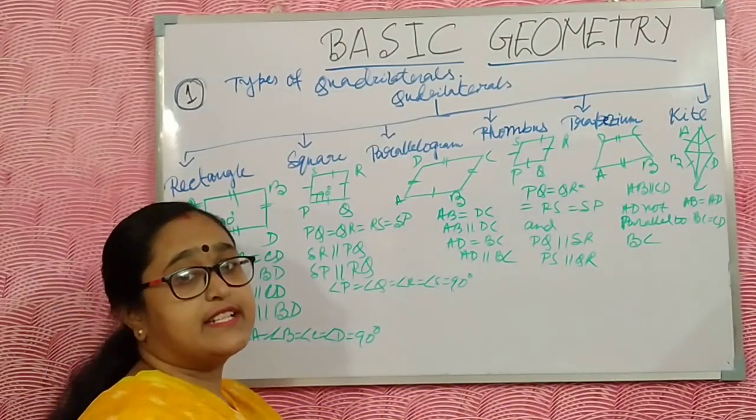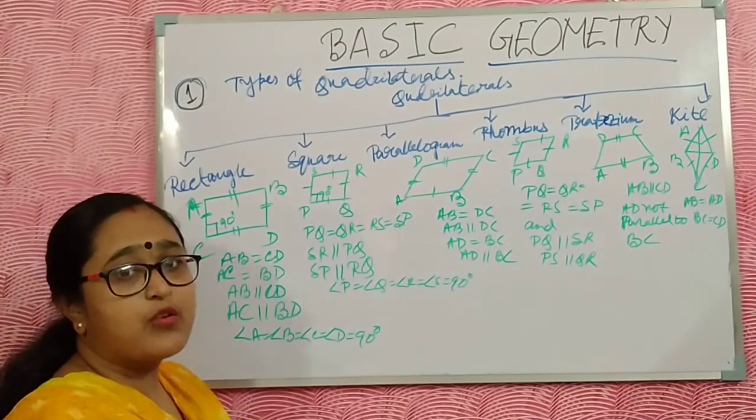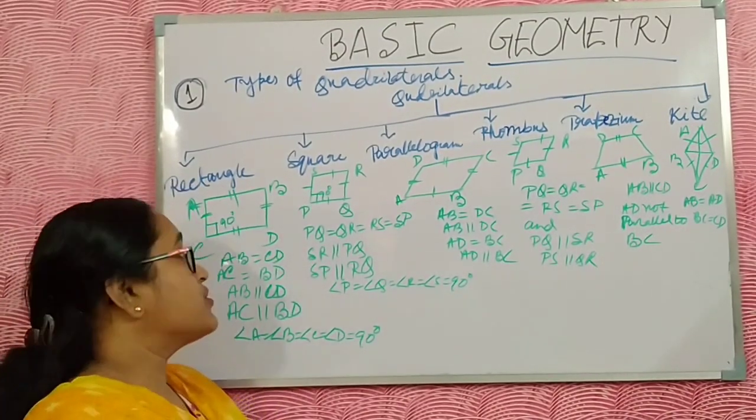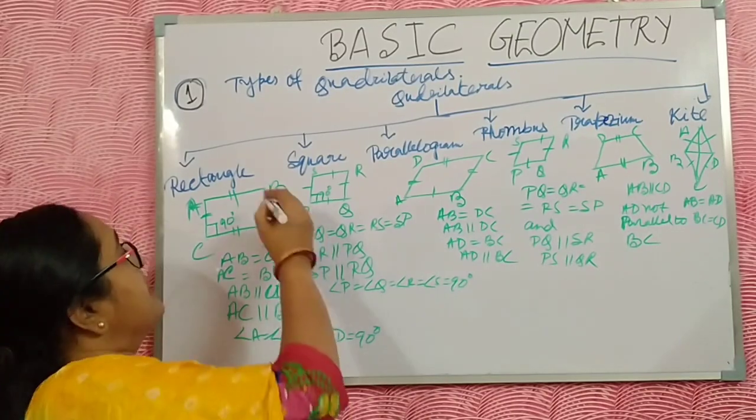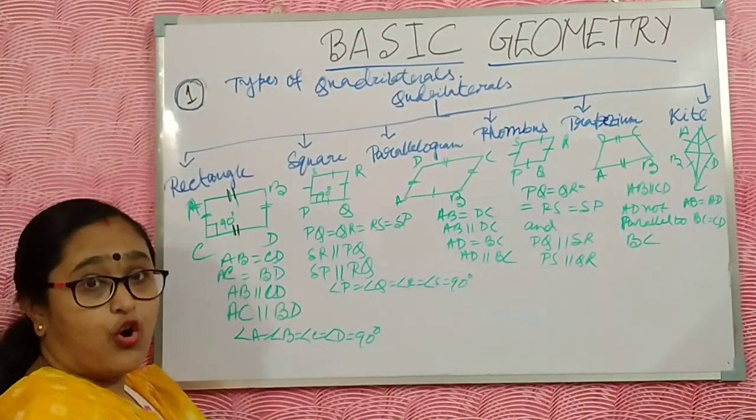First I discuss the rectangle. A rectangle is a quadrilateral where the opposite sides are equal and parallel also.